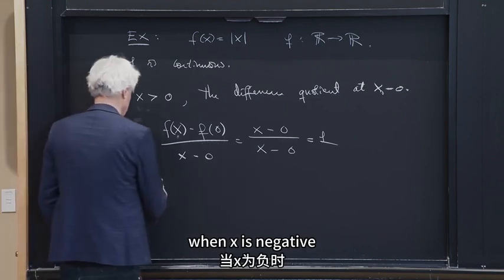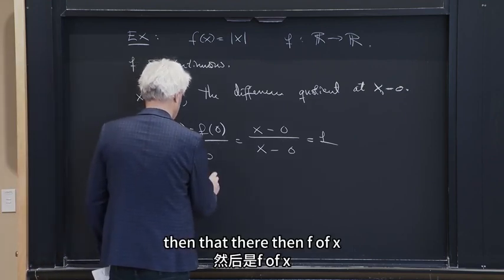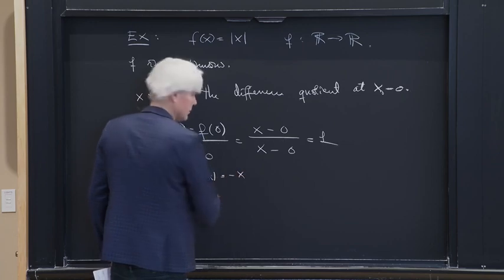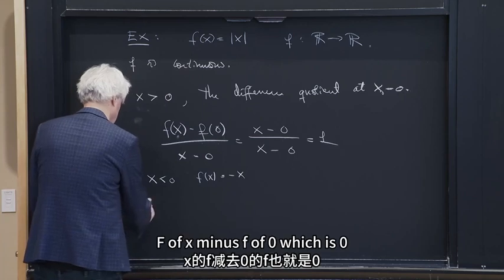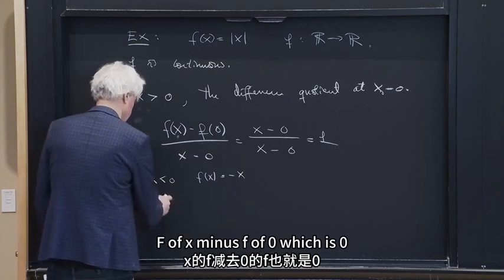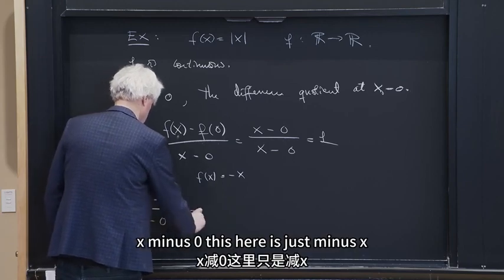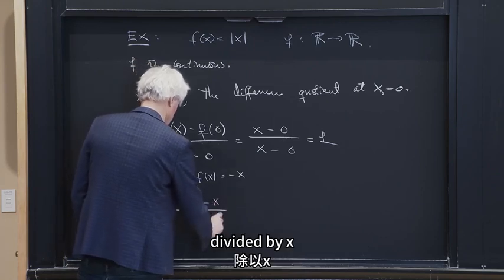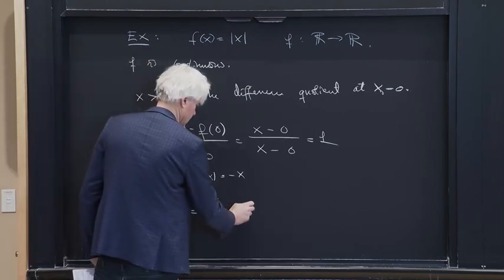When x is negative, then the absolute value is minus x, right? So the difference quotient here, f of x minus f of 0, which is 0, over x minus 0, this here is just minus x divided by x, which is minus 1.